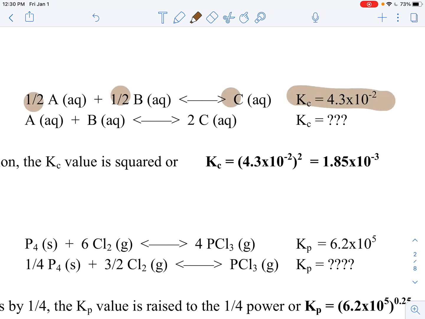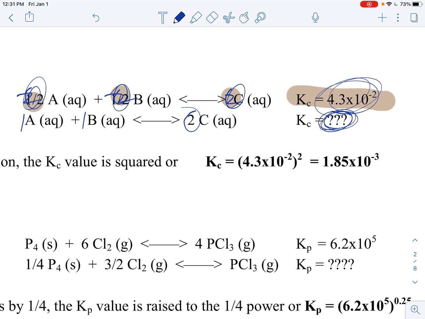In this example, I have a 1/2 and a 1/2 and a 1, and my value is 4.3 times 10 to the negative 2. But let's say I want to take this whole thing and multiply it by 2. So 2, 2, and 2. So 2 and a 1/2 is now my 1, 2 and a 1/2 is now my 1, and 2 at 1 is now my 2. So I have doubled this equation.